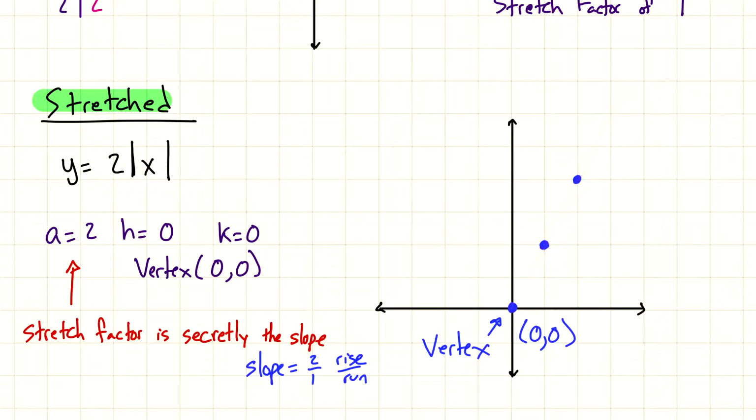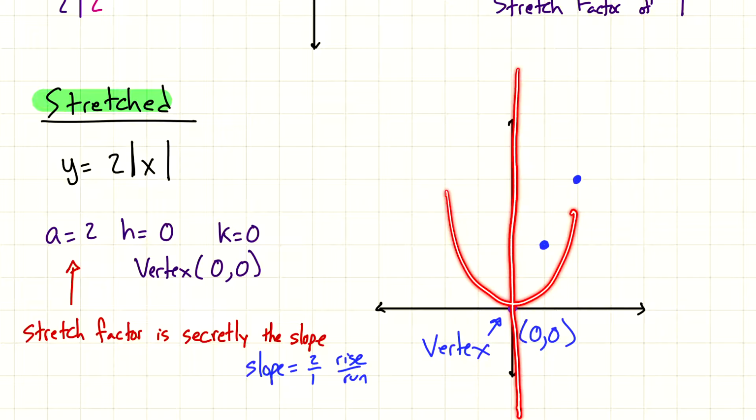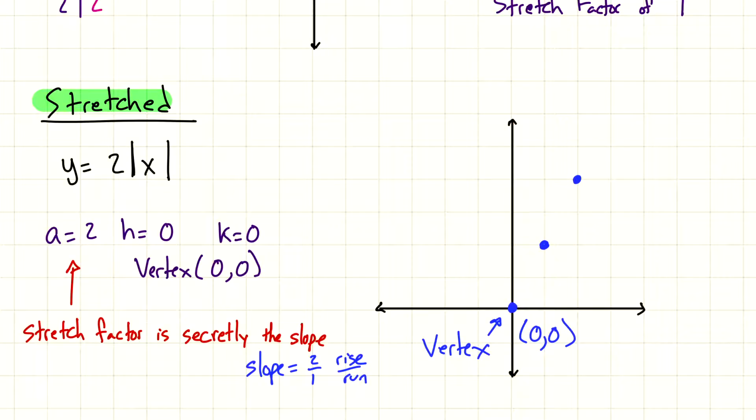But that's only half of the absolute value function. The nice part about this function, just like the parabola, is that if it was a parabola, we would have a line of symmetry. Well, absolute value has the same. So instead of just going up 2 and over 1 to the right, we could go up 2 and over 1 to the left, and that'll give us a point over here.